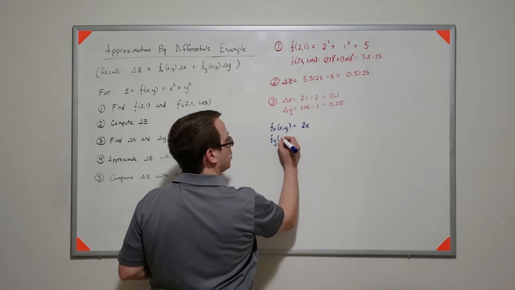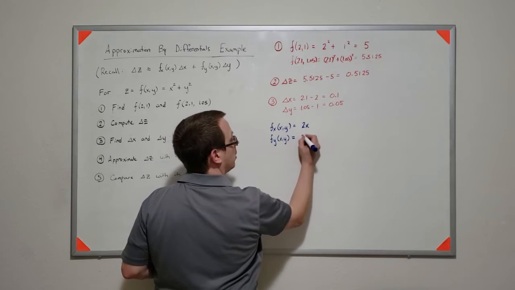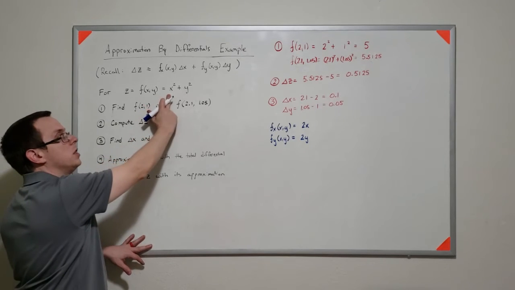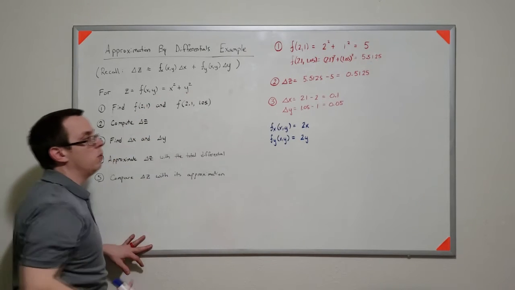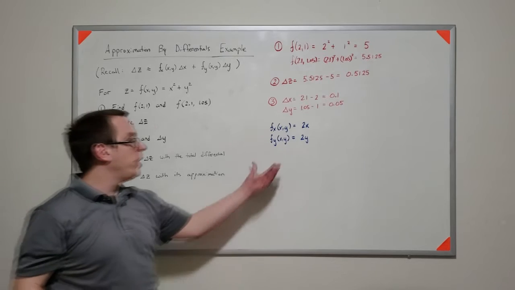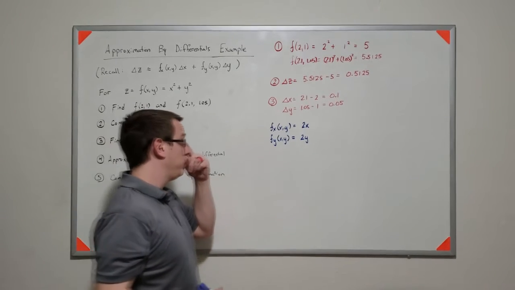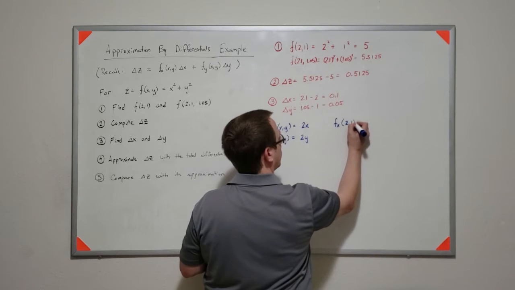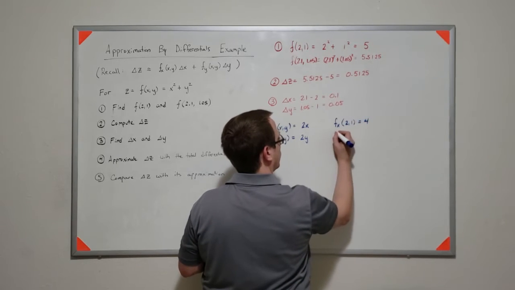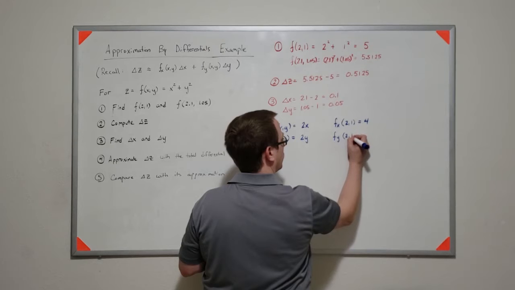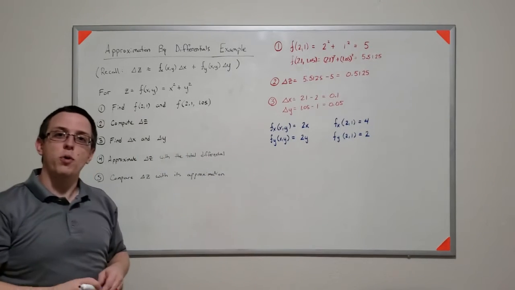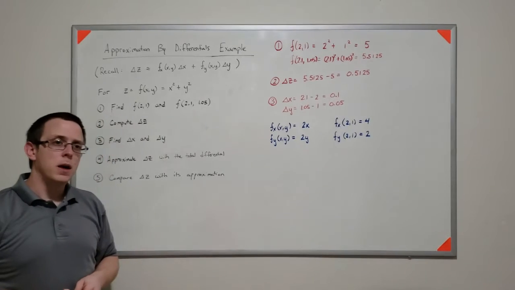The partial with respect to y is 2y, because x is treated as constant and the derivative of a constant is 0. We also need to evaluate these at that point. So the values are 4 and 2 respectively.